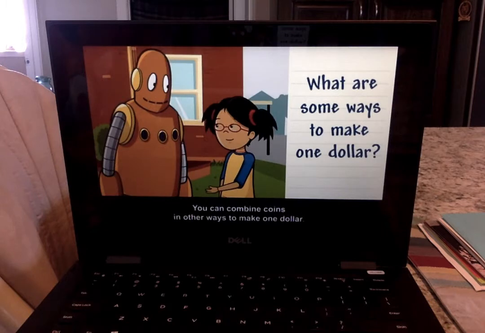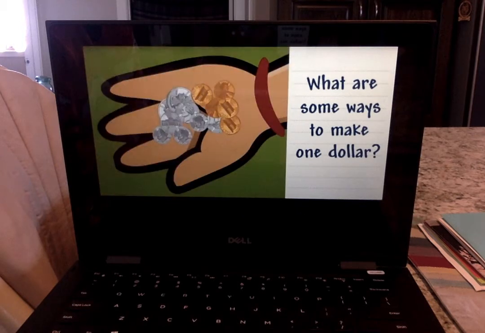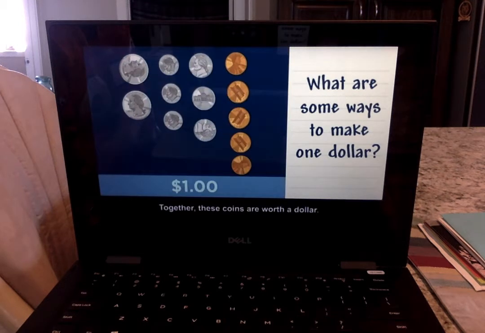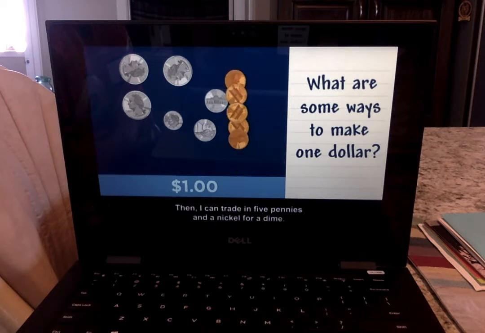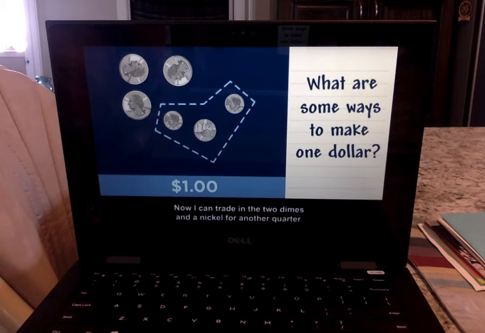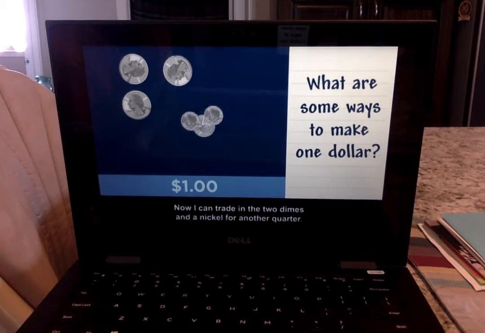You can combine coins in other ways to make $1. Together, these coins are worth $1. I can trade in 2 dimes and a nickel for a quarter. Then, I can trade in 5 pennies and a nickel for a dime. Now I can trade in the 2 dimes and a nickel for another quarter.